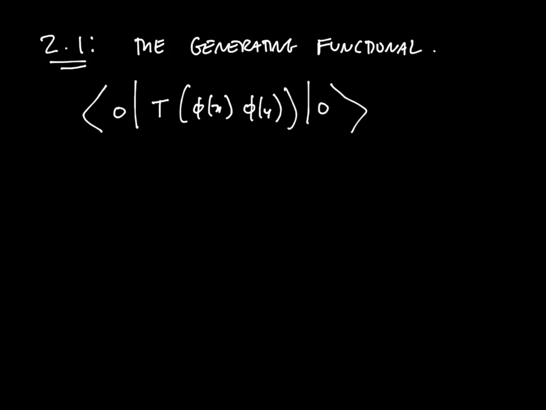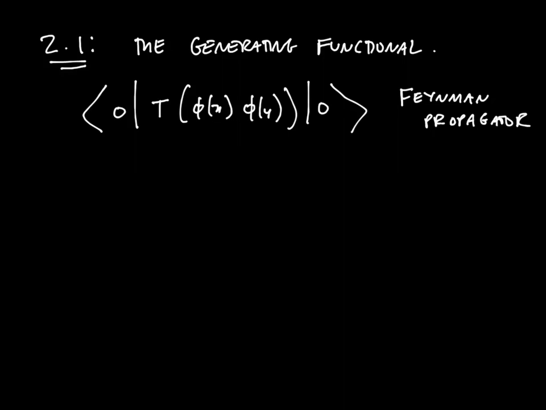Okay, you already calculated this in canonical methods. We're going to do it again now using path integrals. So, by the way, this object is called the Feynman propagator. It's very important for lots of different reasons. It's basically the building block of how we do perturbation theory. But for now, let's not worry about that. Let's just calculate it. Okay.